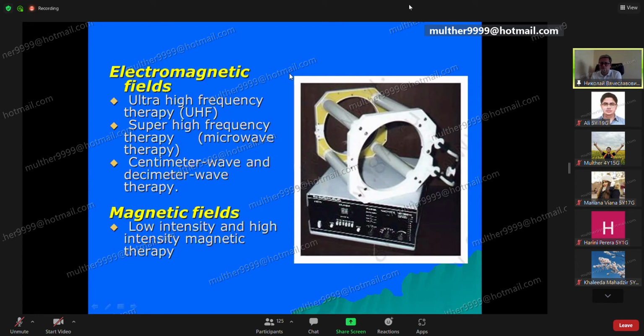We divide all fields into ultra high frequency therapy, UHF, super high frequency, and methods of magnetic fields, which we can divide into low intensity and high intensity magnetic therapy.